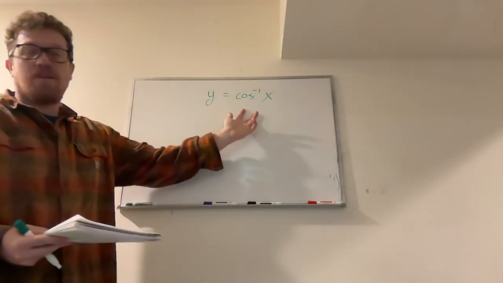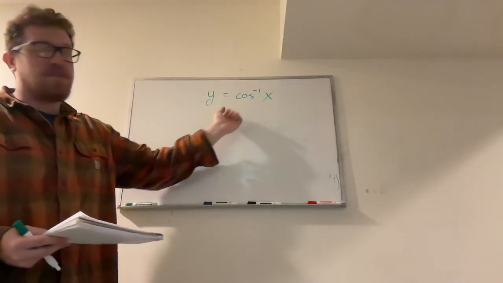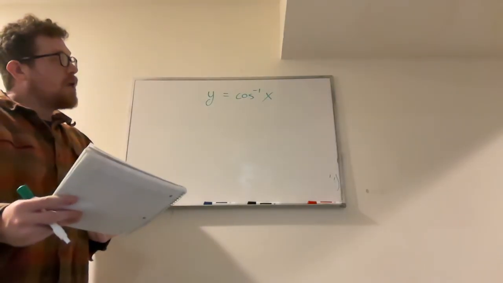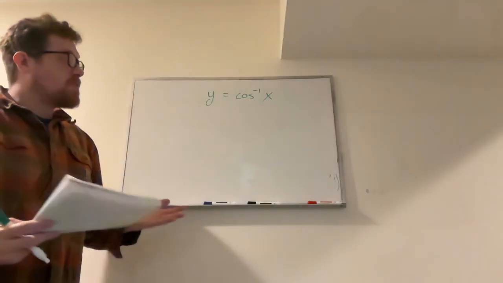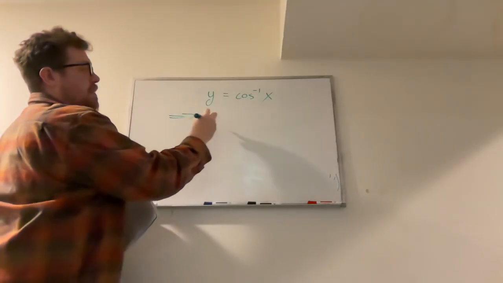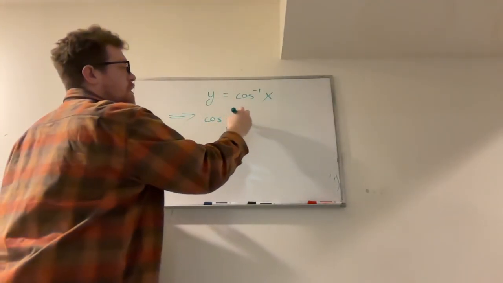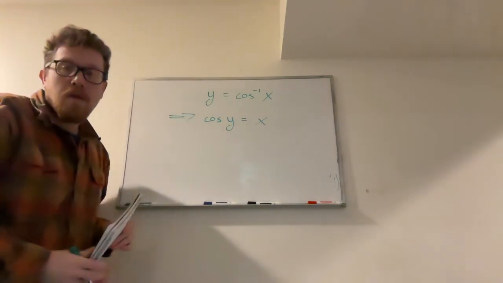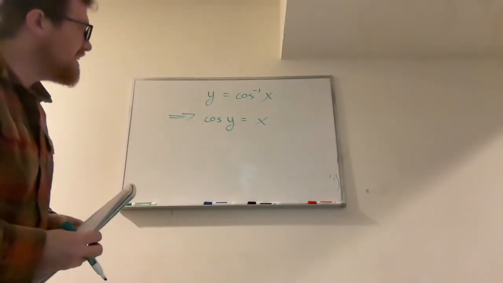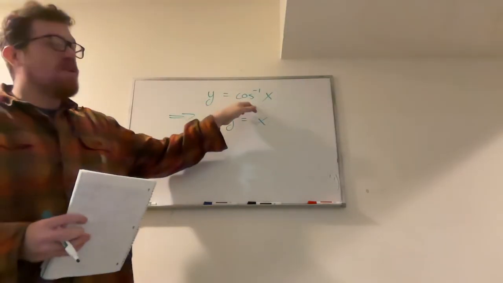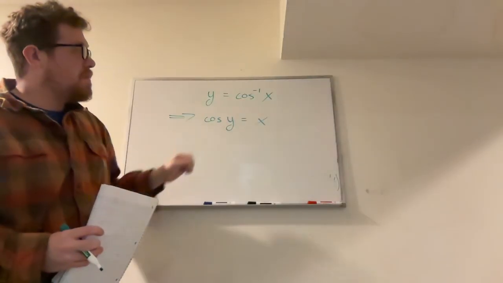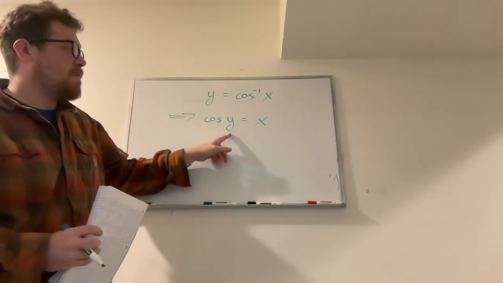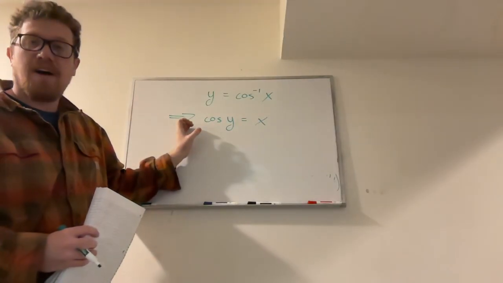But if we take the cosine of both sides, we can sort of cancel this arc cosine, and I can get an implicit function of y in terms of x, where it's not an explicit function, but we can certainly write that cosine of y is equal to x. So we have y is arc cosine of x, the inverse function of cosine. And what I did was I applied cosine to both sides, so we get cosine of y is equal to x, and this implicitly defines y as a function of x.